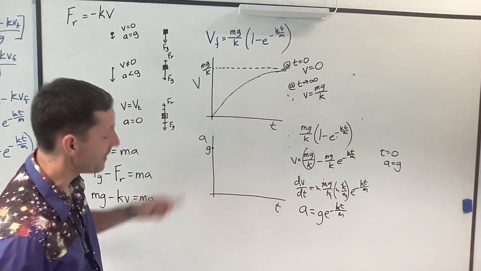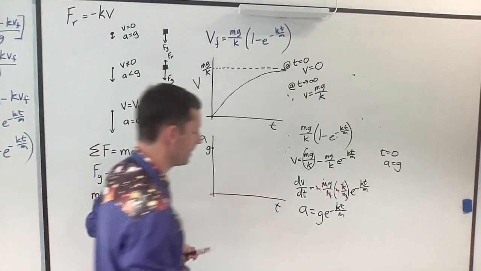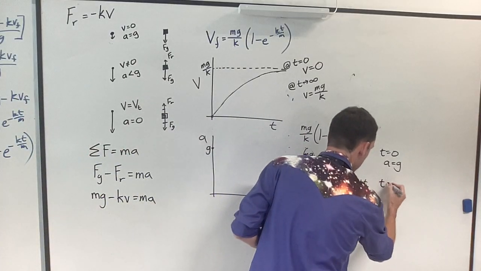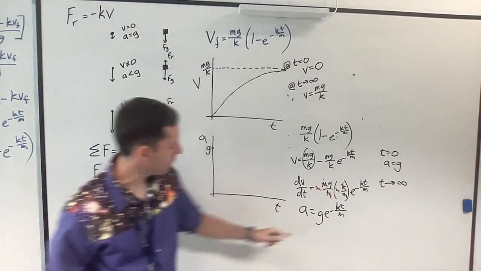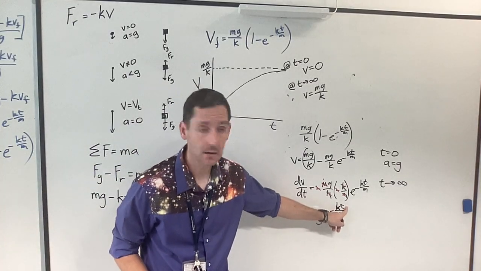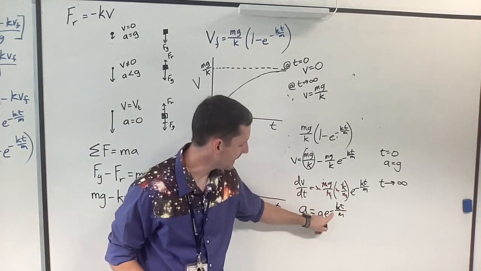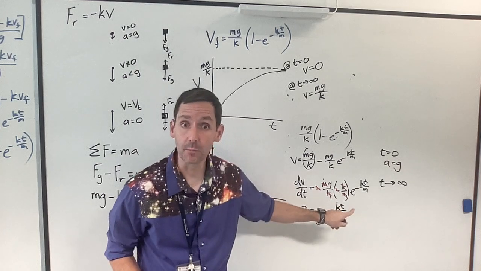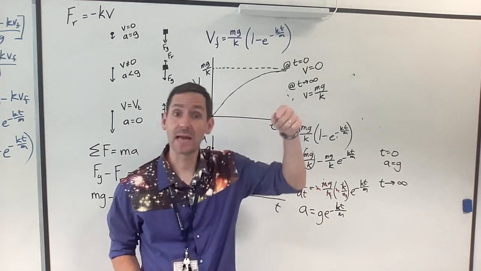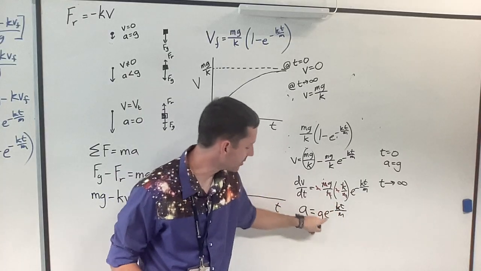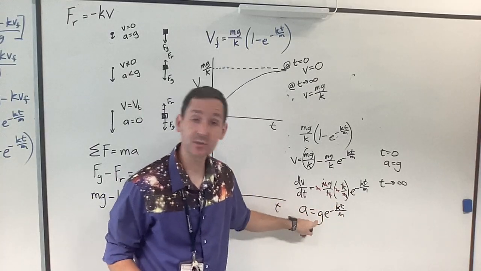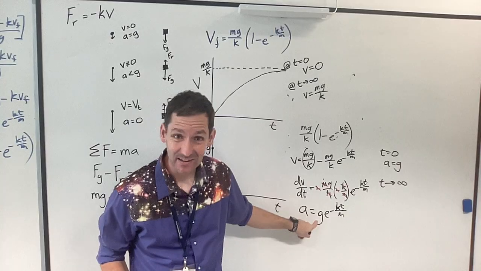Okay, and then what happens when time approaches infinity, when time gets really big? All right, well, when time gets really, really big, this becomes e to the negative really big number. And if I do e to the negative really big number, that is 0. So this is now 0, and 0 times g is 0.